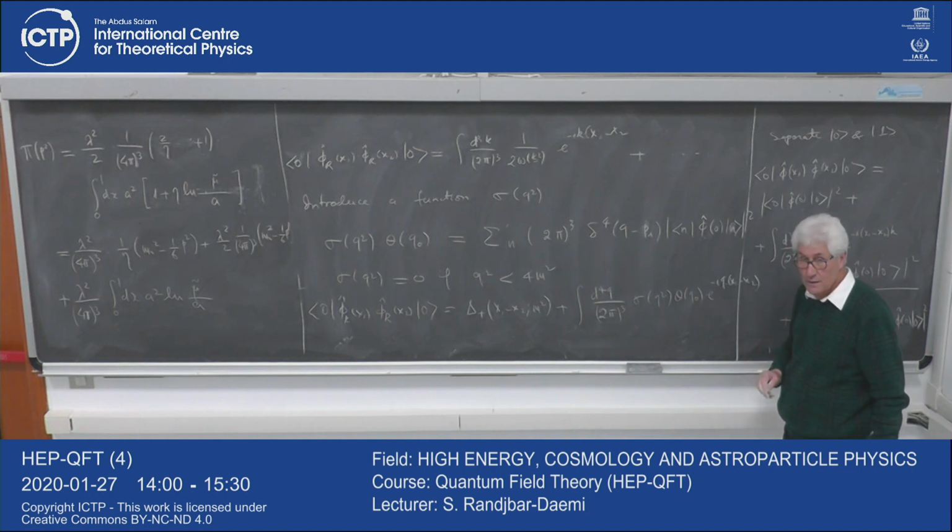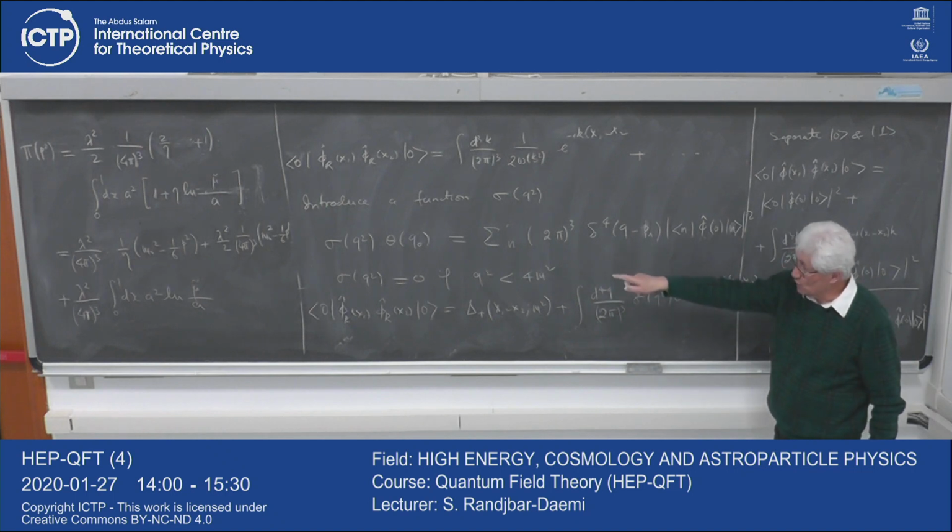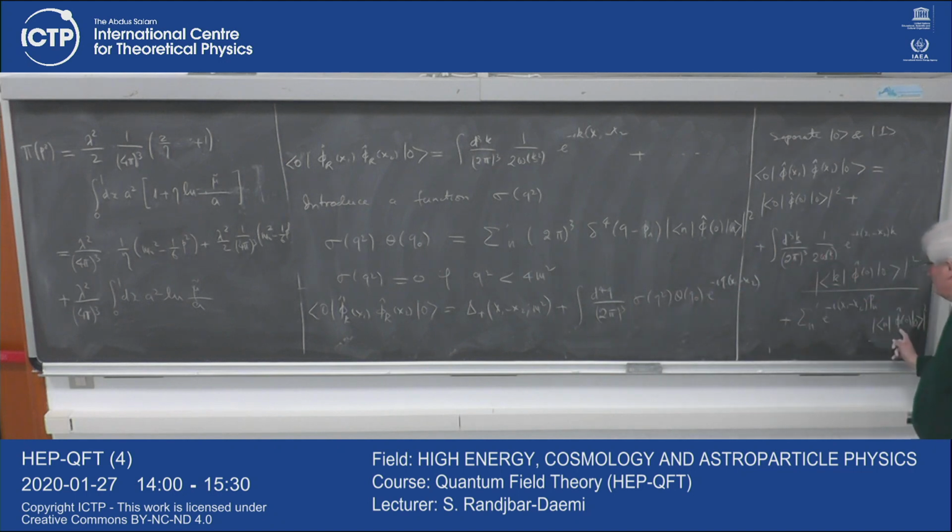Okay? And sigma being 0 for q squared less than 4m squared, we are also making sure that in this sum, only the primed sum contributes. That means the ground state and single particle states will not contribute. It's clear?